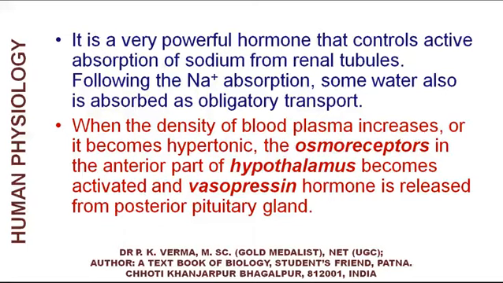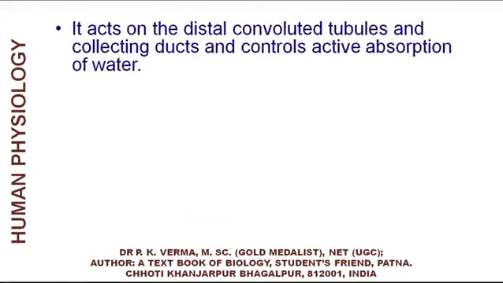There are osmoreceptors in the hypothalamus. They activate release of vasopressin hormone, and the vasopressin acts on the collecting duct and DCT, where the active absorption of water takes place.